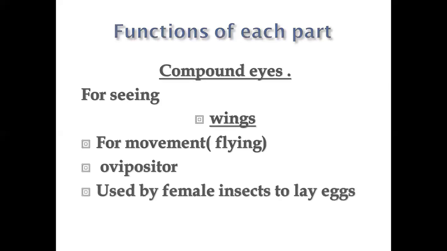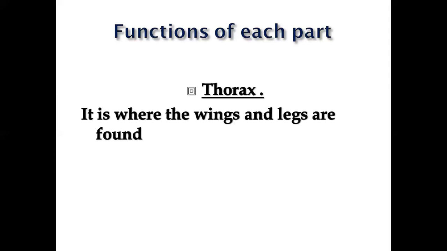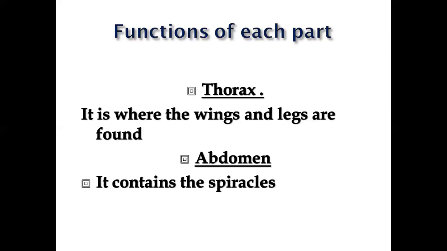We proceed. The other parts here, the thorax, it is where the wings and the legs are found or attached. You can say attached, but at the level of theory, it can take other forms. One day we shall ask you to give us two parts that are connected to the thorax. Tell us the wings and the legs. The abdomen, this is where the spiracles are found.